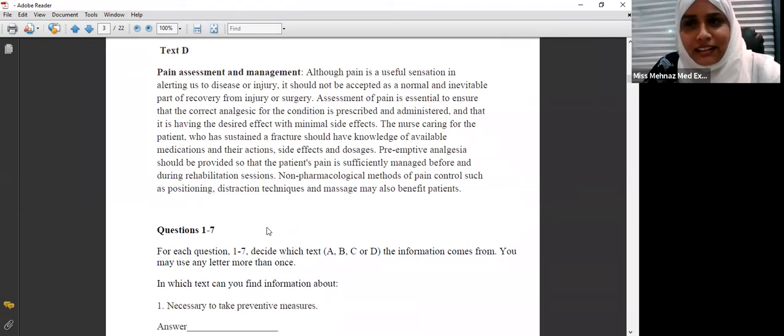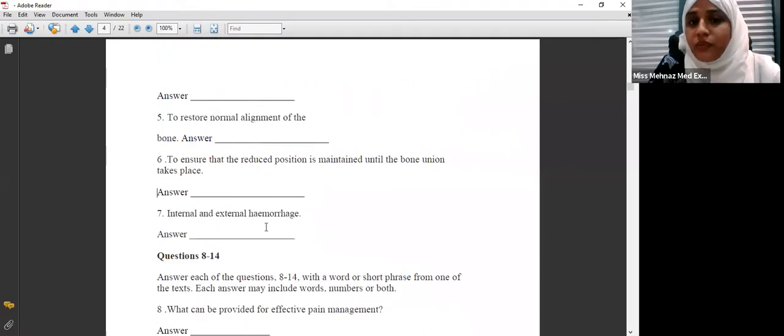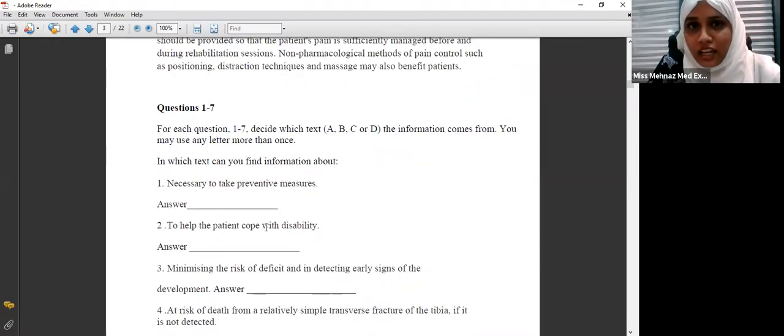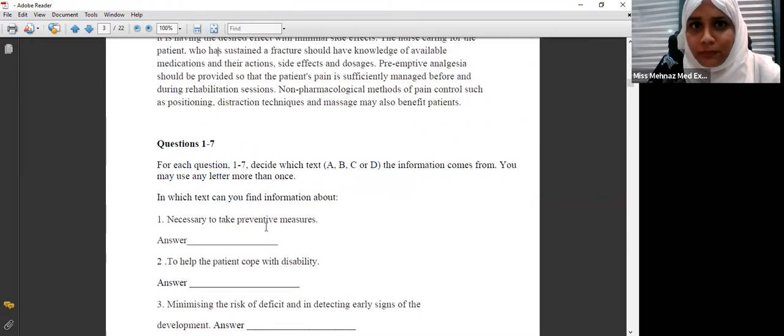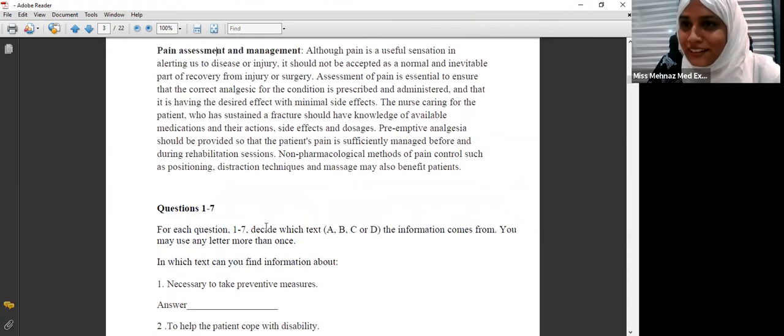Anyone, a wild guess: in which text is this information going to be? What is provided for effective pain management? You can text or unmute yourself and say, just to see if you're understanding me or not.